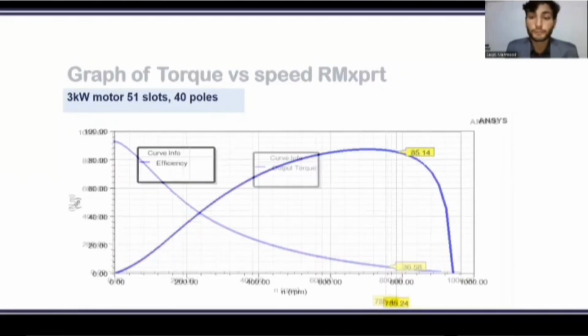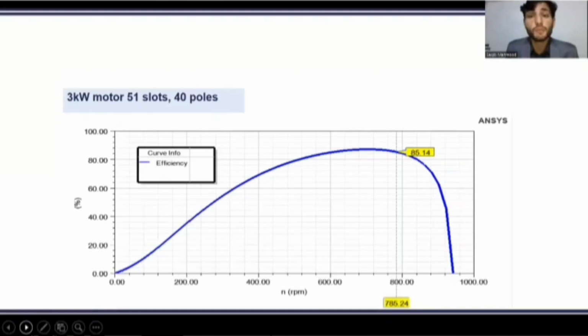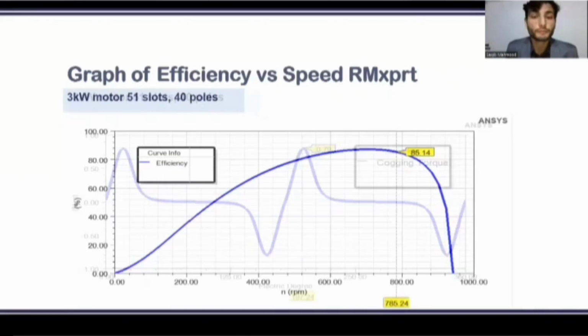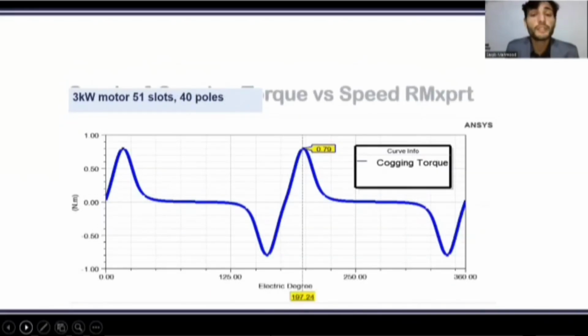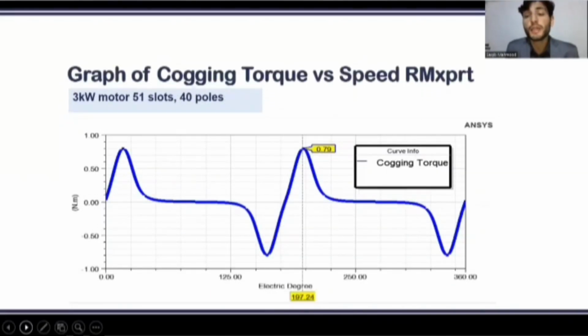And this motor is efficient at the rated speed, and it confirms the literature review that we have studied, that it has 85% or greater efficiency. So at the rated speed it is 85% efficient, and the cogging torque of this motor is 0.79 Newton meter.